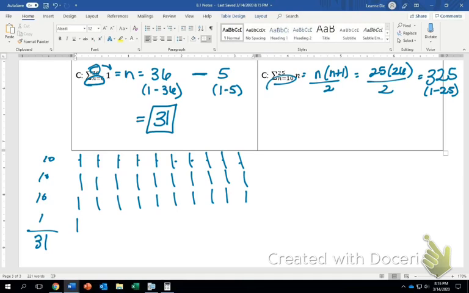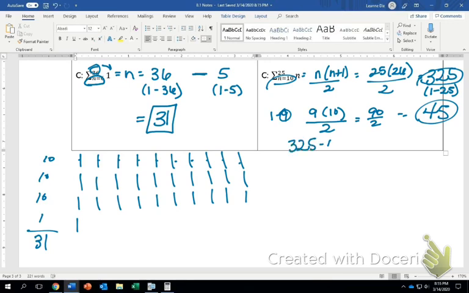So if I plug in the 9 instead, because 1 through 9, my upper limit is now 9. 9 times 10 over 2. That's going to give me 90 over 2, or 45. So I'm going to subtract these two numbers. 325 minus 45 equals 280.